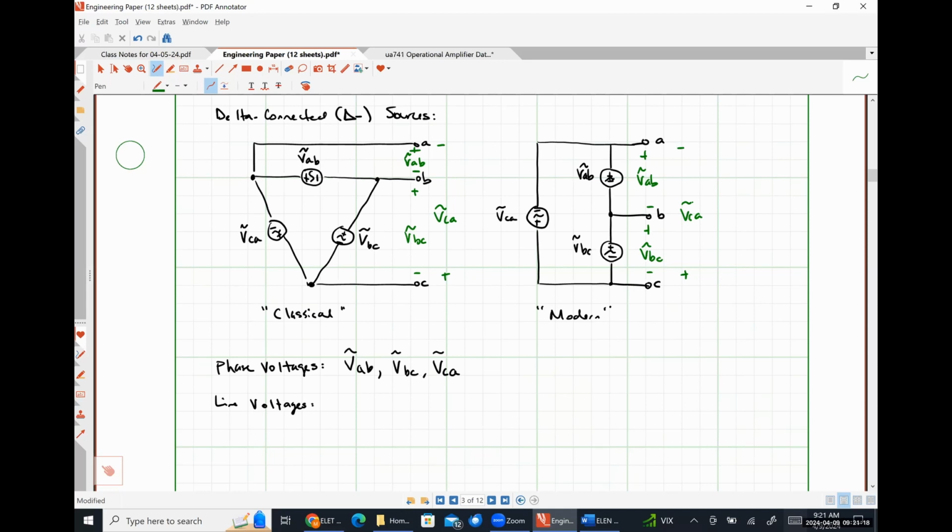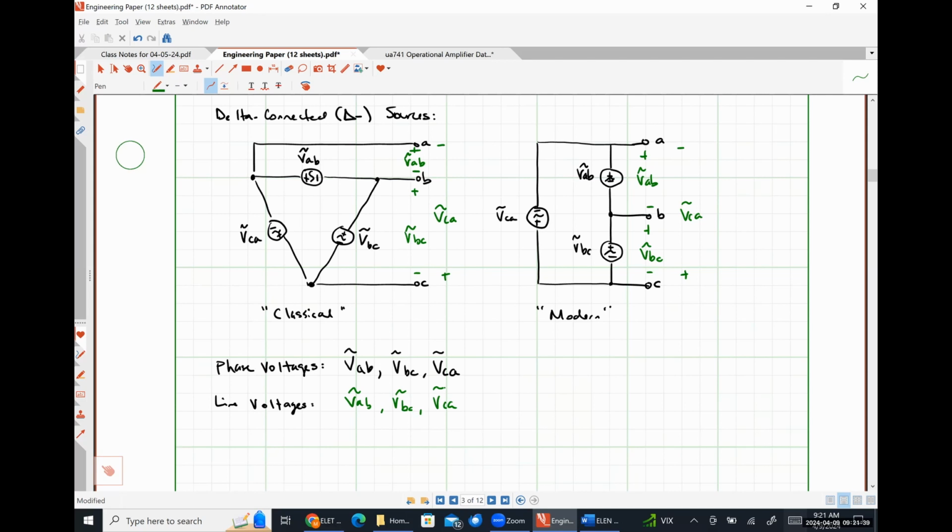So our line voltages in a delta connected source, and we'll see it in a delta connected load here in I guess several minutes, but that'll be okay, are literally the exact same quantities.